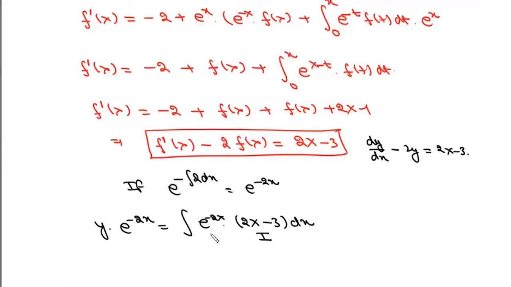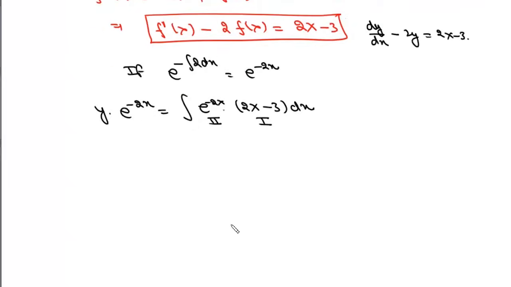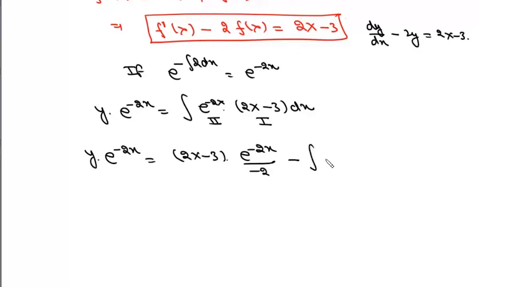Now this is your first function, and e to the power minus 2x is your second function. So we can write this as y into e to the power minus 2x, and it will be 2x minus 3, and this is e to the power minus 2x upon minus 2, and then minus, this is 2, and here will be e to the power minus 2x upon minus 2 dx.